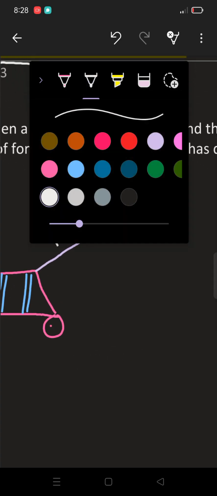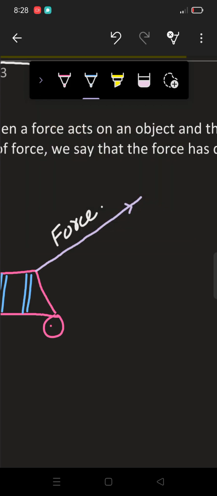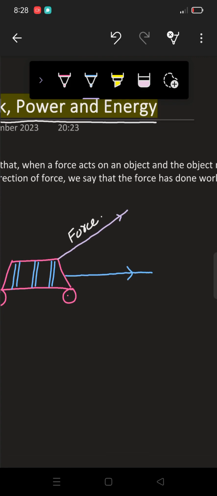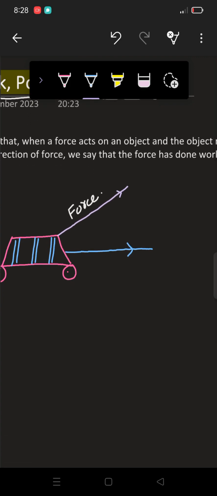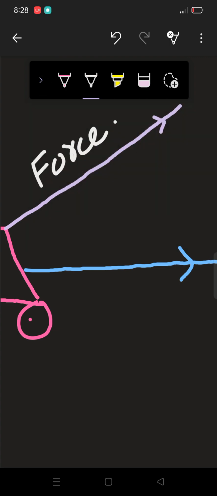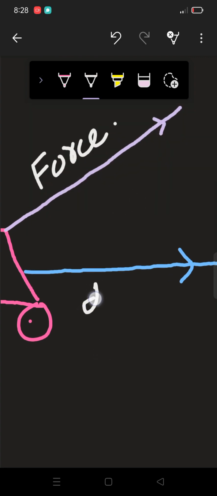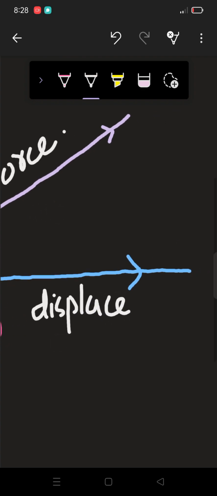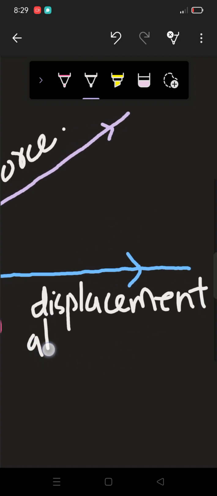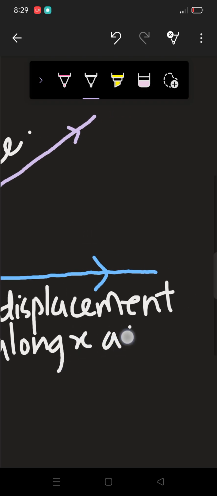So we have applied force inclinedly and it is covering displacement along the direction of the x-axis.